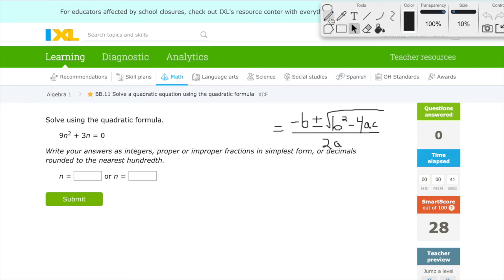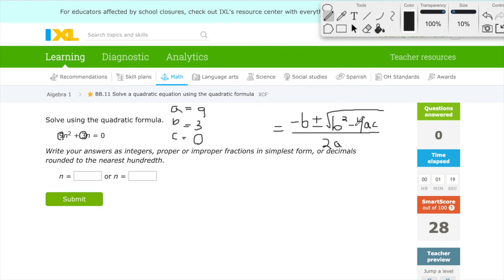All that means is that when you go to label, your A is 9, your B is 3, your C would just be 0 then, if there's no plus or minus anything right here. So A equals 9, B equals 3, C equals 0.